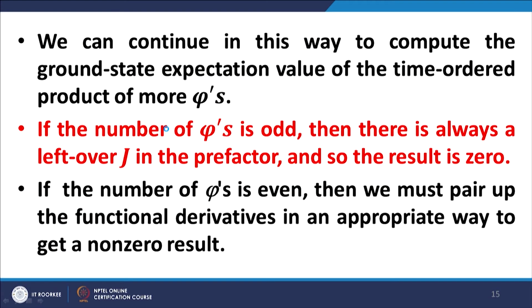So, we can continue this way. We will find that for every odd point function, the 2n plus 1 point functions, we get a factor of j in the prefactor, and when I put that j equal to 0, the entire expression vanishes. Therefore, the expectation value in the ground state of the free Klein-Gordon field gives us a value of 0 for odd point functions.